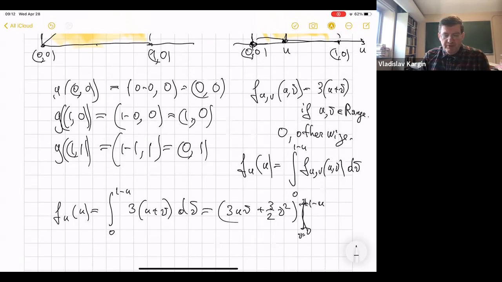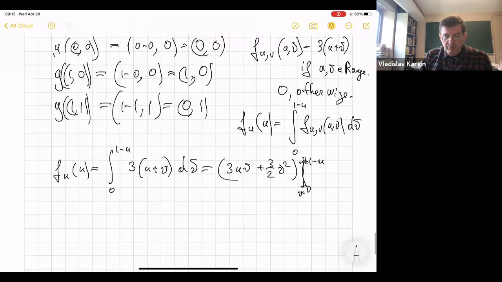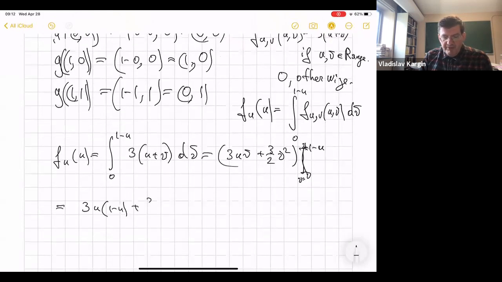So we plug in 1 minus u instead of v, and we get 3u times 1 minus u plus 3 half times 1 minus u squared, minus the value at 0, which gives you 0.